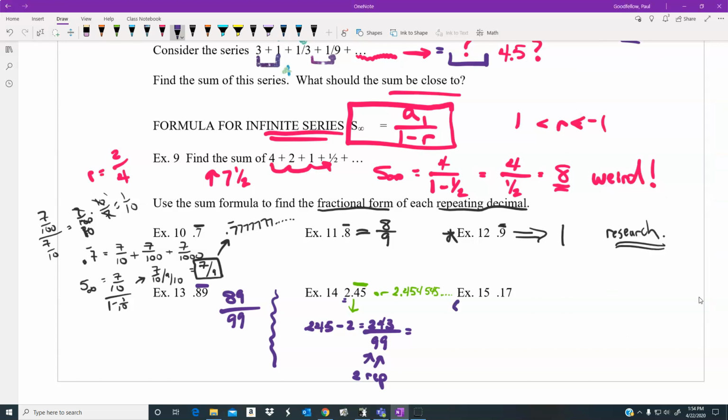Okay, now the best way to try these is to try a few of them so that you get the basic idea. What if I was dealing with 1.17, but the 7 was the only part that was going to be repeated? Again, the key is to look at it as a full number, which is the number 17, and subtract from it the one thing that is not getting repeated, which is in this case a 1. Now, if it was several things out here like 485, you'd put 485, whatever it is.